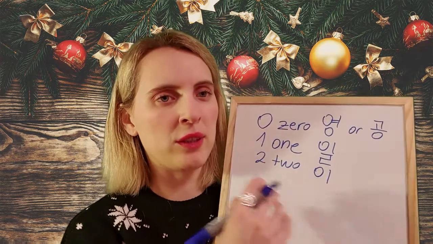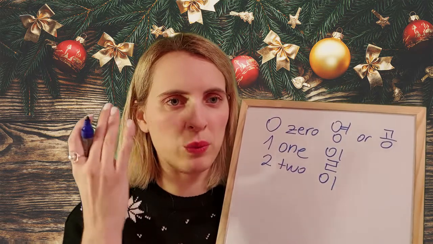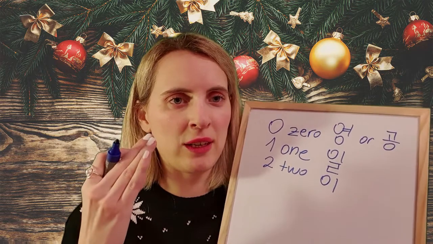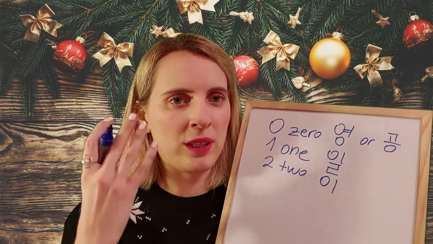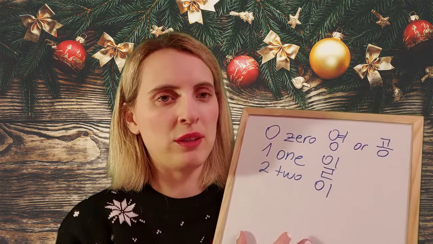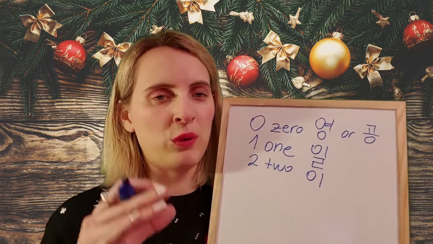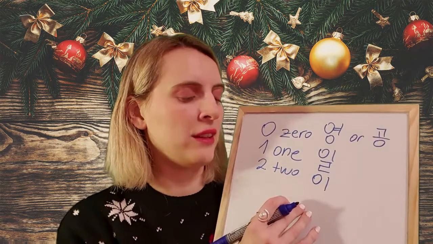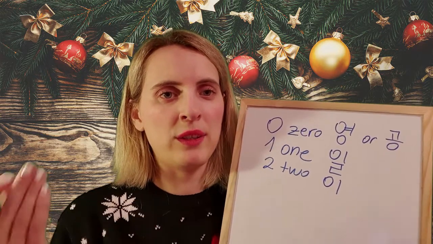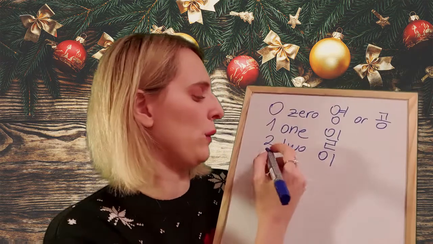So I remember that it is just the other way. Whenever I think about how to say 1, it is the one that doesn't start with e but with il, and that is how I remember it. But there is probably an easier way to remember it. So if you know an easier way to remember il and e, feel free to tell me in the comments and share with others so they can easily learn Korean numbers. Okay, so let's continue.